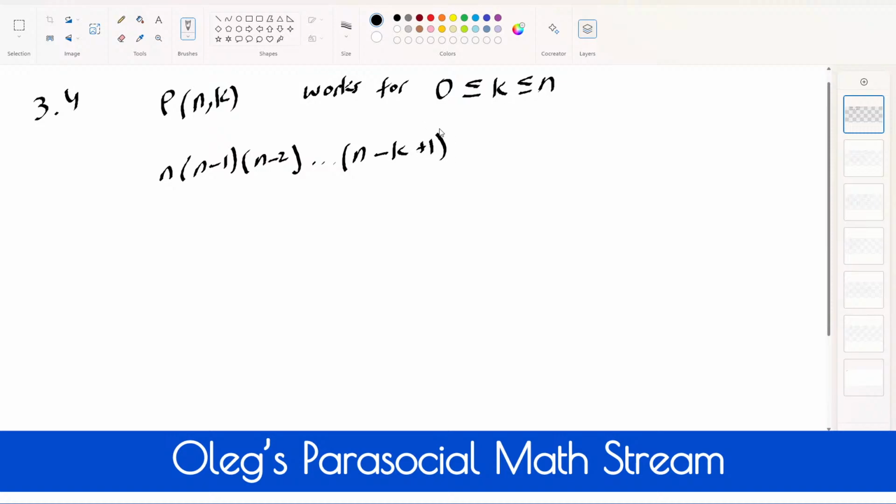That's the condition on that. Okay, and this is going to be the equivalence of n, n minus 1, n minus 2, and then we're going to say n minus k plus 1.